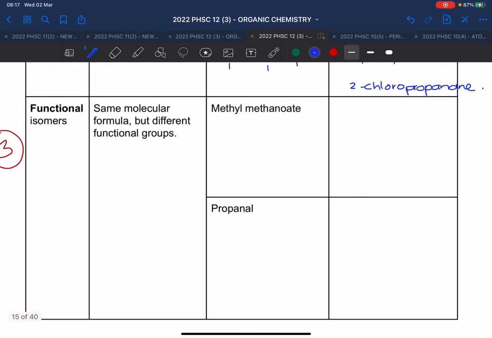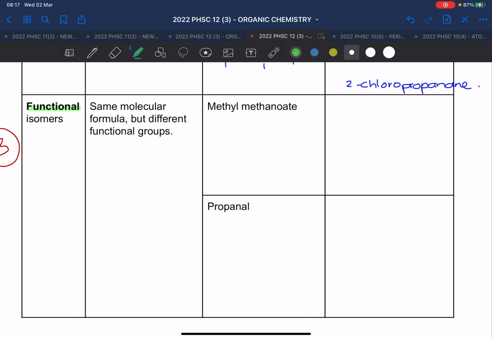So then the last one that we have is a functional isomer. Now we have done one functional isomer where we go from an ester to a carboxylic acid. That's what we did on the previous page. But you can also go from a carboxylic acid to an ester. So this one here, methyl methanoate, is your clue that this is an ester.